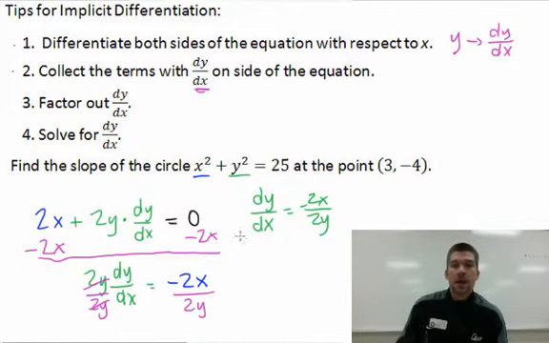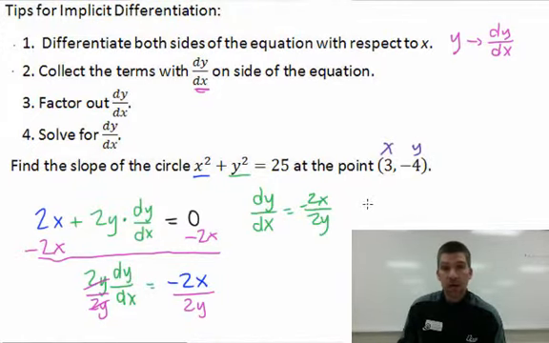All right. Now, find the slope of the tangent line at that point. Well, dy dx is my slope. And so if I'm going to find the slope of the tangent line at that point, I'm going to simply take the point that I've been given, this x and y coordinate right here. Here's my x value, here's my y value, and I plug them into my derivative for x and y.